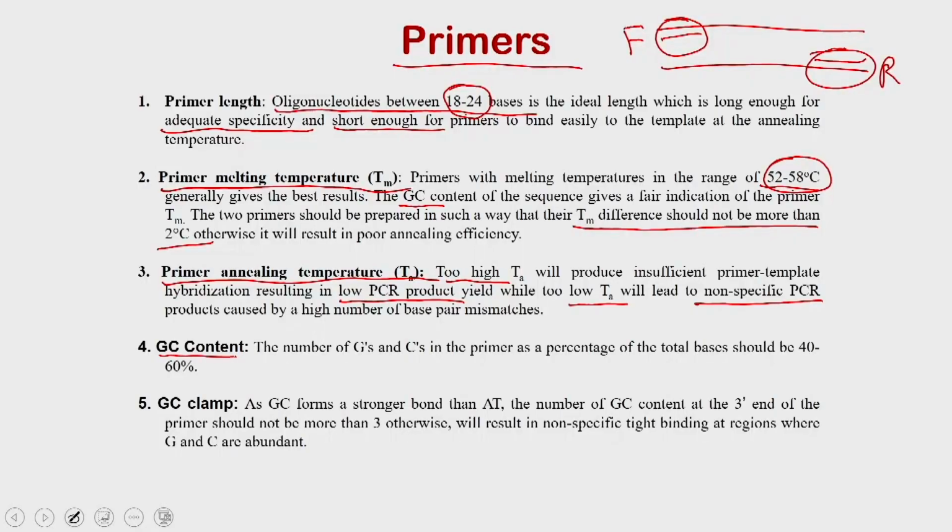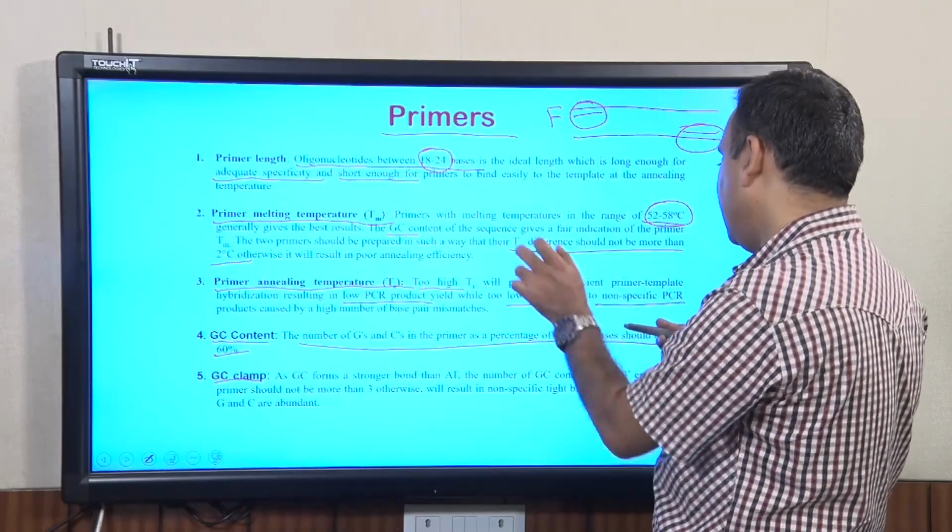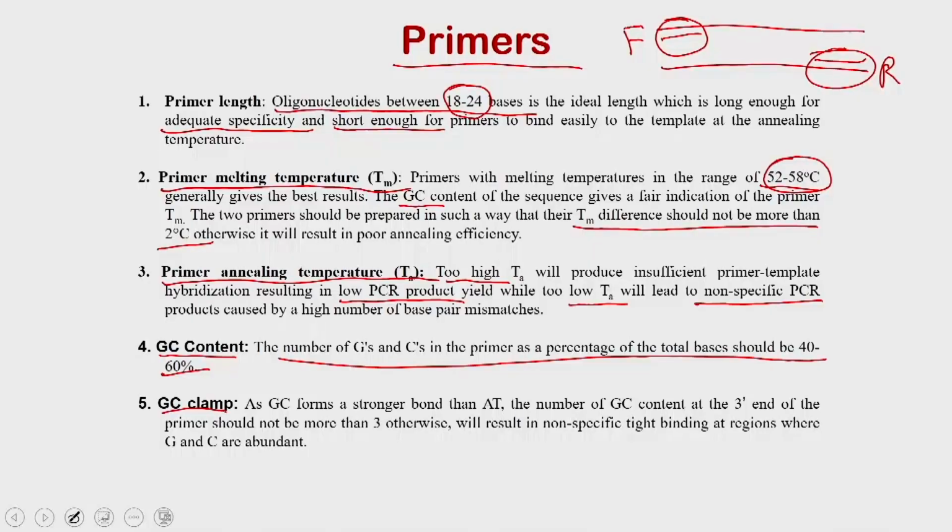Ideally, the GC content should be in the range of 40 to 60%, and it is always advisable that you also have a GC clamp. What is meant by a GC clamp is that if you take G or C at the end of the primer, that will allow the primer to hold onto the template more strongly compared to if you take A or T sequences.